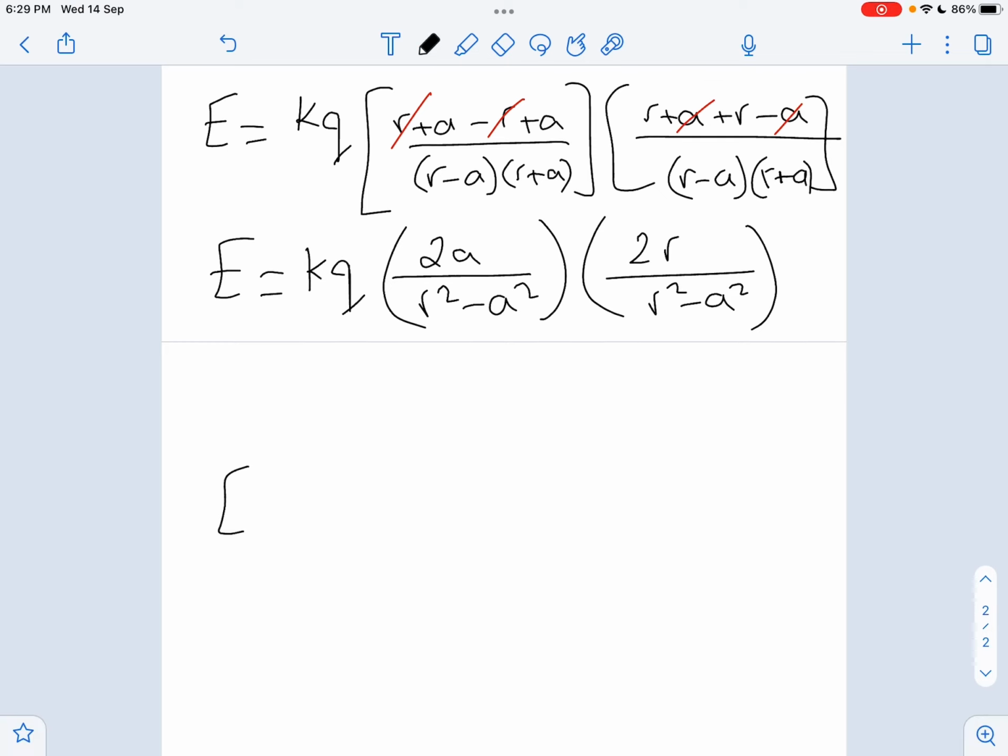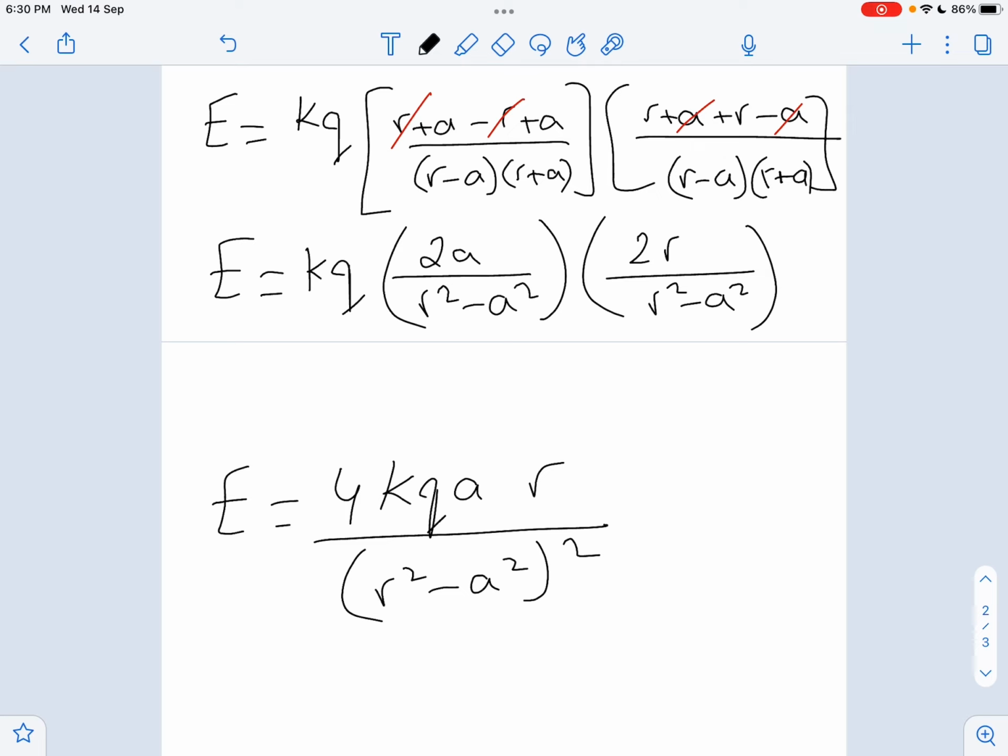Okay, then E becomes 4KQa multiplied by r. You multiply the numerators together. In the denominator, you will have (r squared minus a squared) power 2.